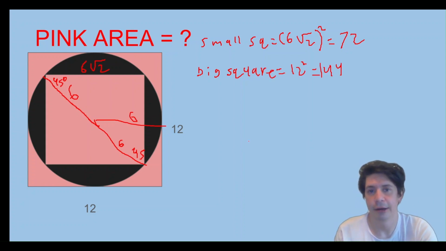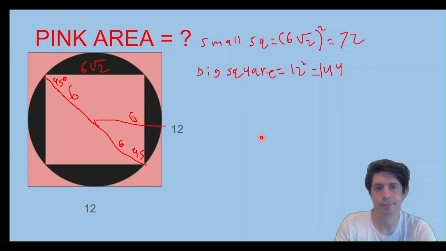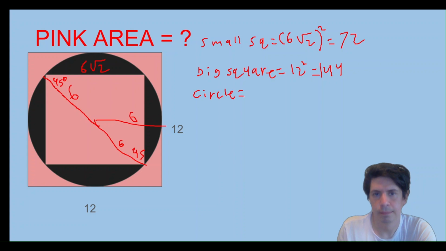Now we find the area of the circle and take that away from the big square. So the area of the circle equals 6 squared times pi, which equals 36 pi.